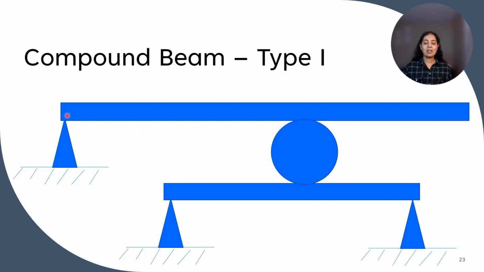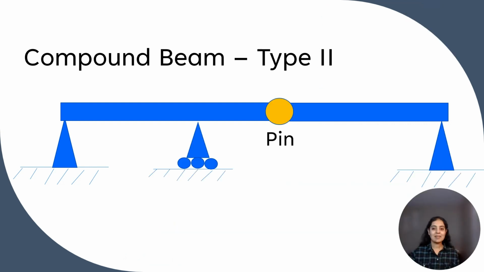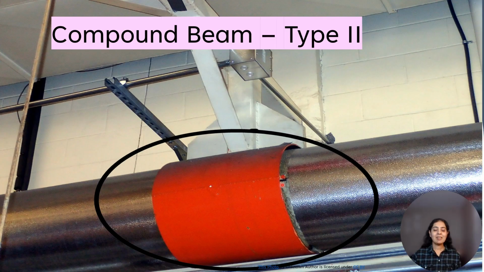Here, one beam is supported on another beam with the help of a roller. This is the second type of compound beam, in which two beams are connected by a pin. This is the example of type 2, that is, two beams connected by a pin.